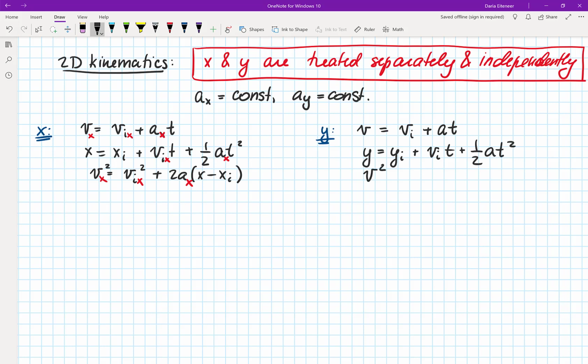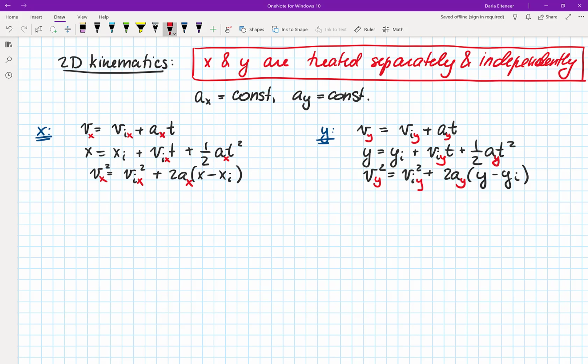At first glance, you really shouldn't be able to tell any differences, other than I literally replaced x with y. And that's exactly what it is. Just because we're talking about two dimensions doesn't mean that we have to treat x and y any differently. The only place where the difference comes in is in labeling all of these components of velocity and acceleration very carefully in terms of x and y.